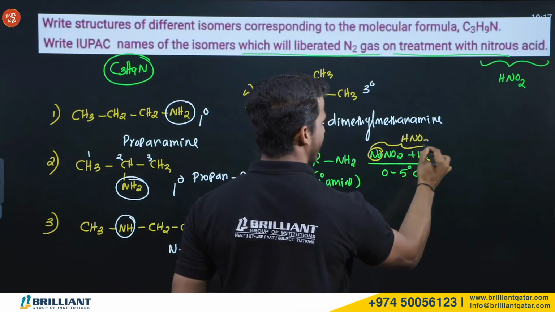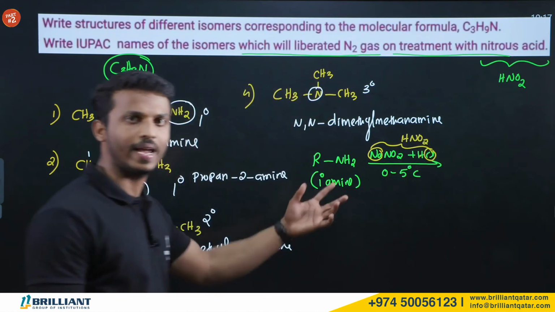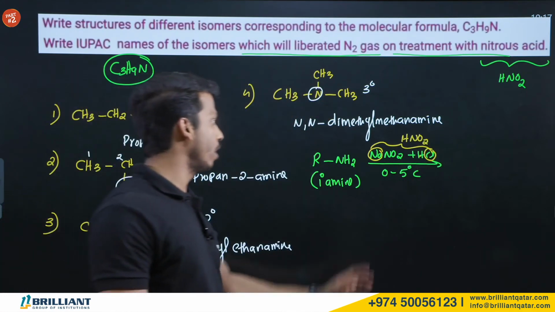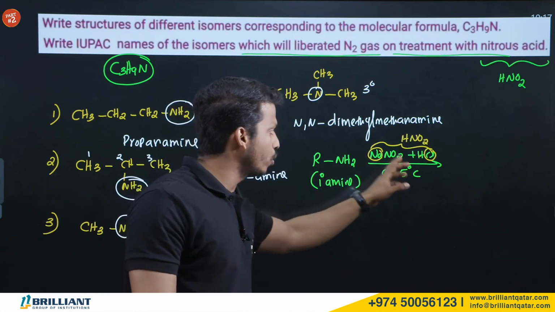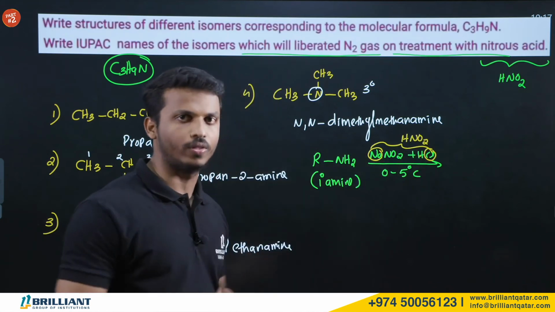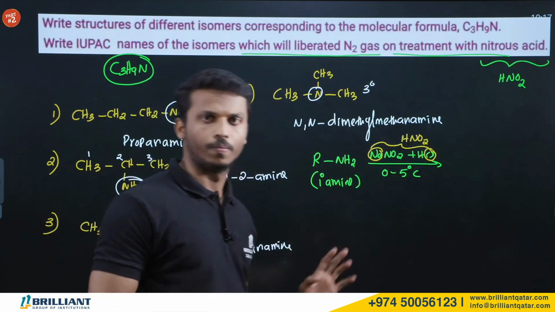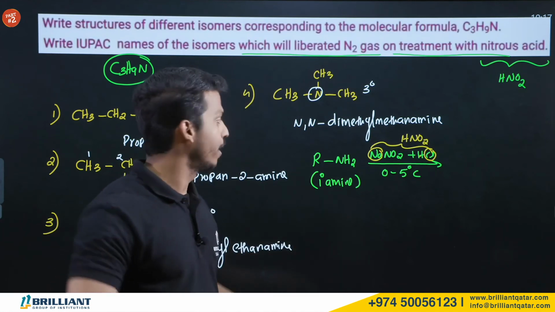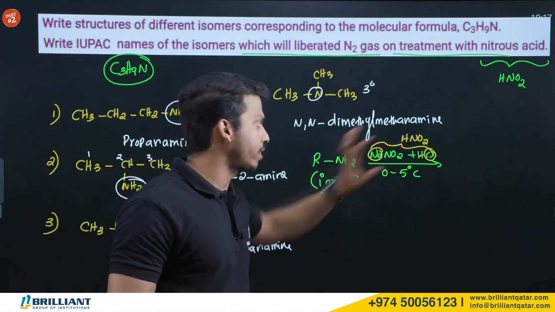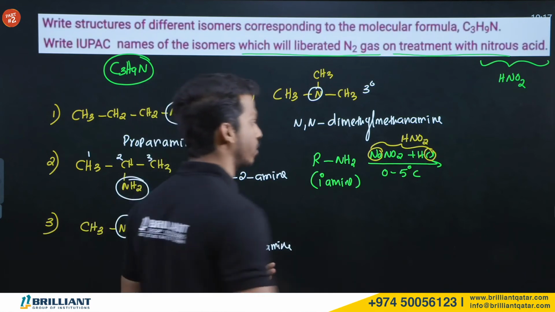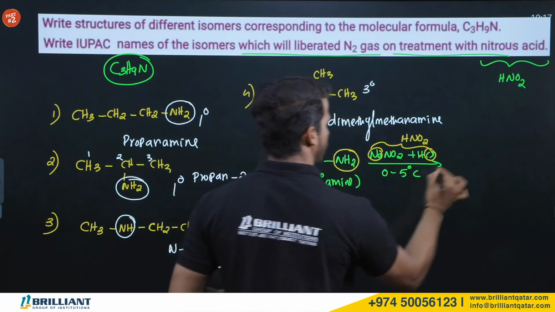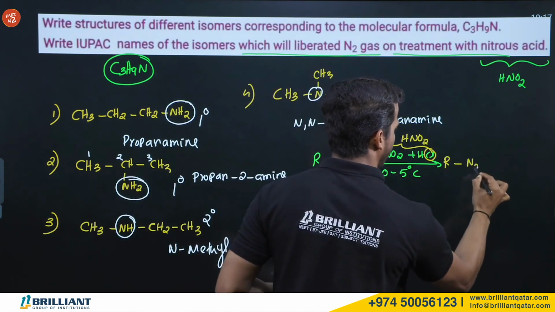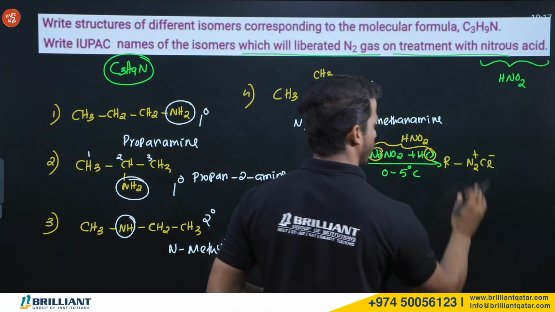This is nitrous acid. HNO3 is nitric acid, HNO2 is nitrous acid. So generally, whether they write NaNO2 and HCl on the arrow or HNO2, both are the same, okay? So when an amine is treated with HNO2, it undergoes diazotization and the amine part is converted to RN2+ Cl-, diazonium chloride.